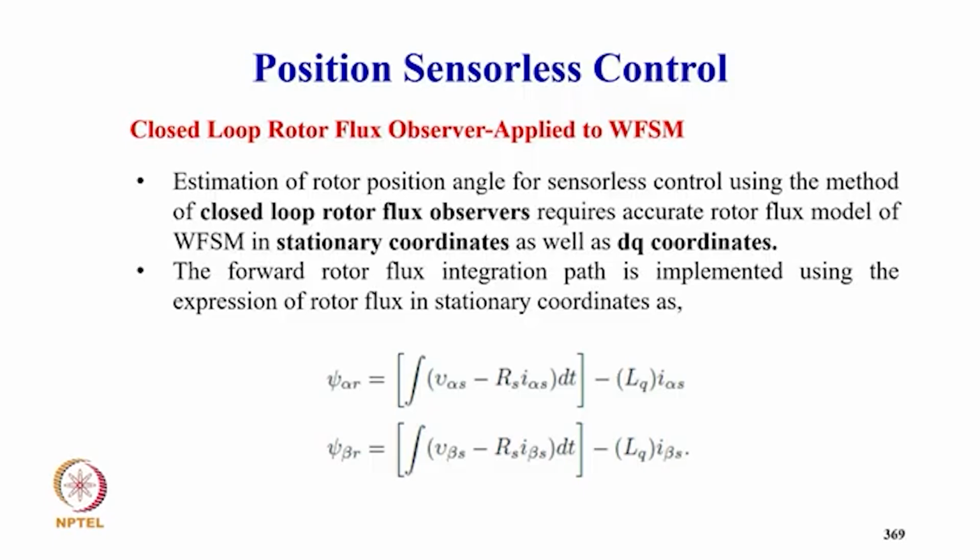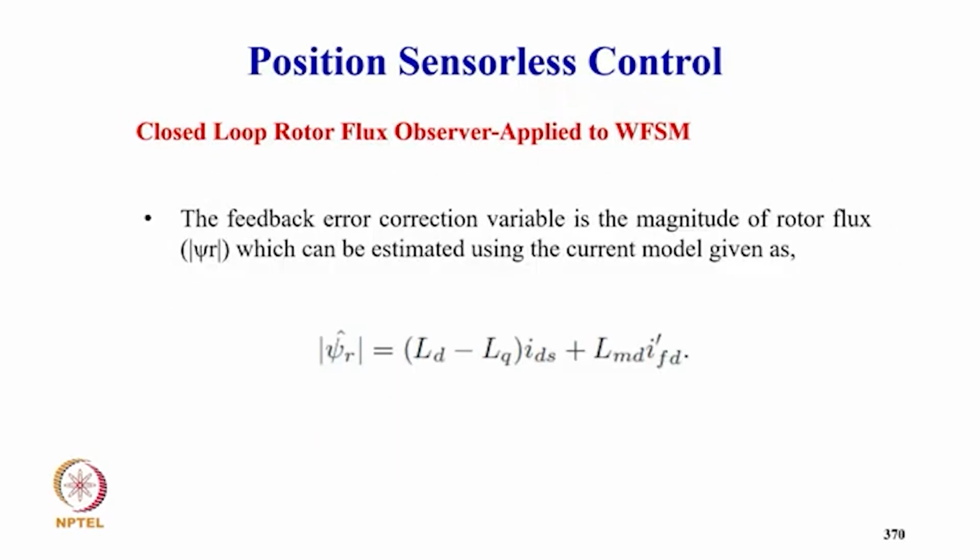In instantaneous coordinates as well as DQ coordinates, the forward rotor flux integration path is implemented using the expression of rotor flux in stationary coordinates. So phi alpha r equals the integration of V alpha s minus Rs I alpha s into dt minus LQ I alpha s, and phi beta r equals the integration of V beta s minus Rs I beta s into dt minus LQ I beta s.